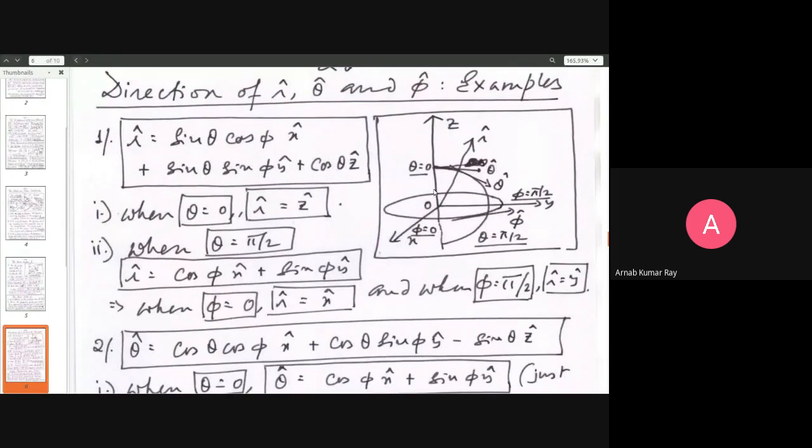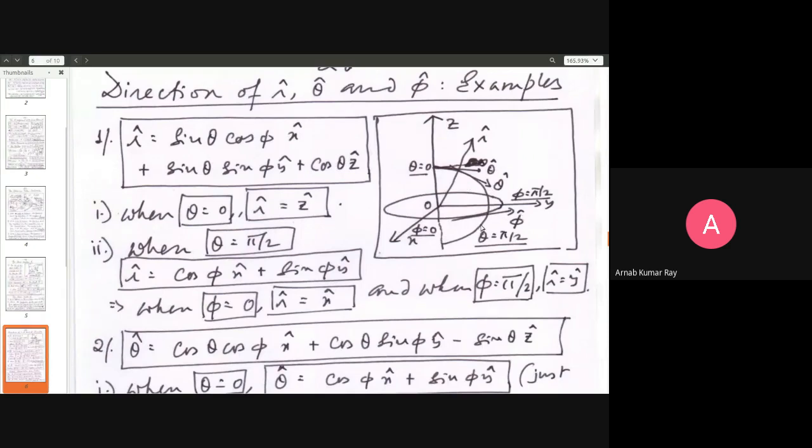R can start from 0 and go out to anywhere it wants to, up to infinity. It has freedom to travel. Phi can only go in a cycle, and that full cycle for phi will be 2 pi.